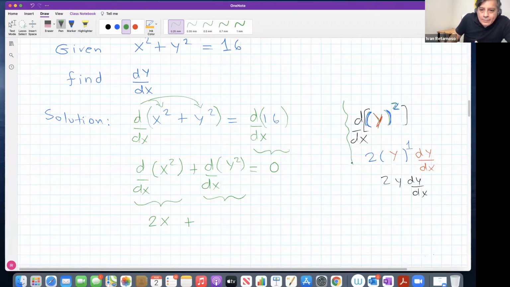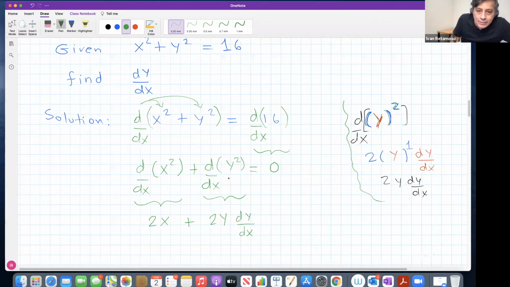Now, if it's hard to understand that this is in reality a composite function, follow this simple rule. Look, if you are taking the derivative of an expression containing y, take the usual derivative that comes to mind, which is going to be 2y, right? But then attach this dy dx, because you are not taking the derivative with respect to x of a function written in terms of x.